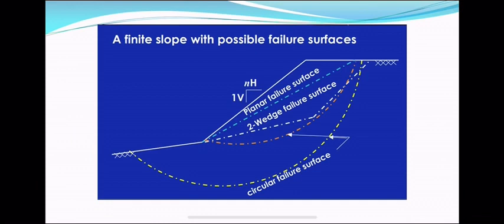And this is the typical circular failure surface, and this is also a circular failure surface where the majority of the failure surface extends into the soft soil which is underneath, for example beneath this level, beneath the bottom level.